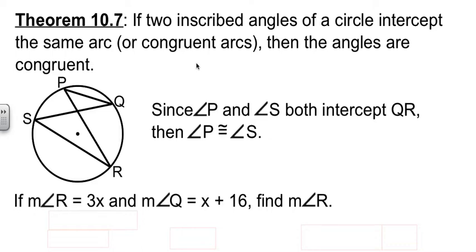Our next theorem tells me if I have two inscribed angles and they intercept the same arc, or congruent arcs, but really the same arc is what we're interested in, then the angles are congruent. What they're telling me here, angle P intercepts arc QR.